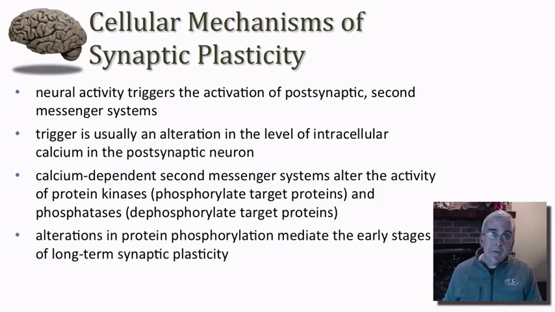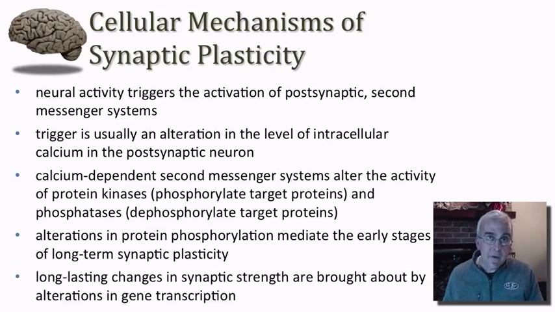And it's the alteration in protein phosphorylation that either turns on or turns off target proteins, and together these events mediate the early stages of long-term synaptic plasticity. So these are mechanisms that are operating upon cellular and molecular machinery already present within the postsynaptic cell.